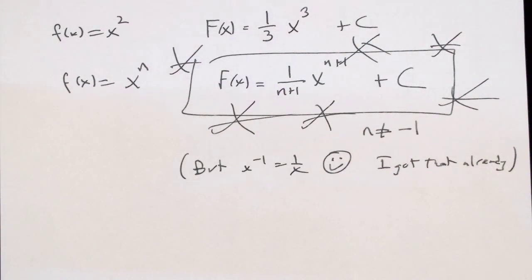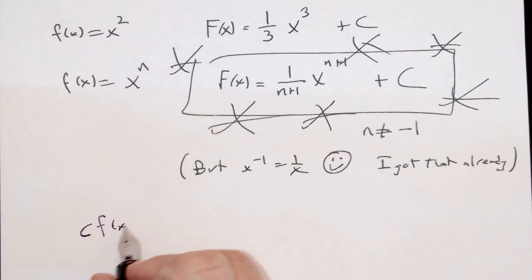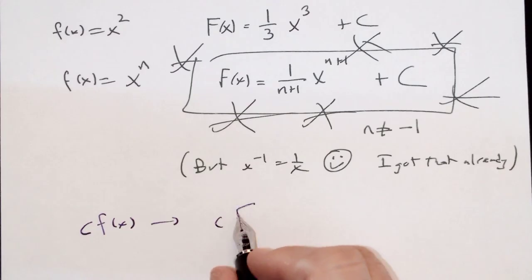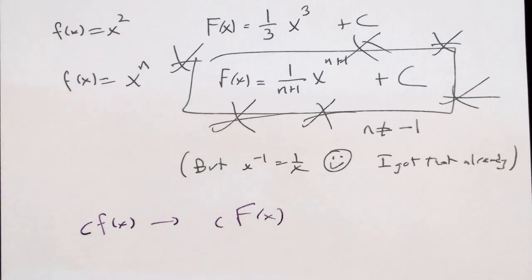That's correct. But then there were those first two rules. The first two things that were listed there said that when I had a constant times a function, we did this with derivatives. If I'm going to take the derivative, what do I do with that constant out front? I just leave it there. So the same thing is true with the antiderivative.